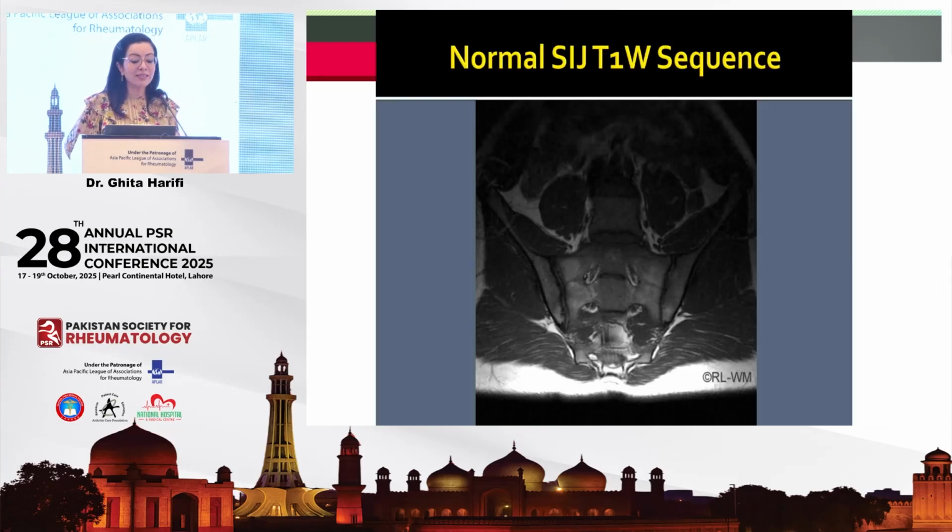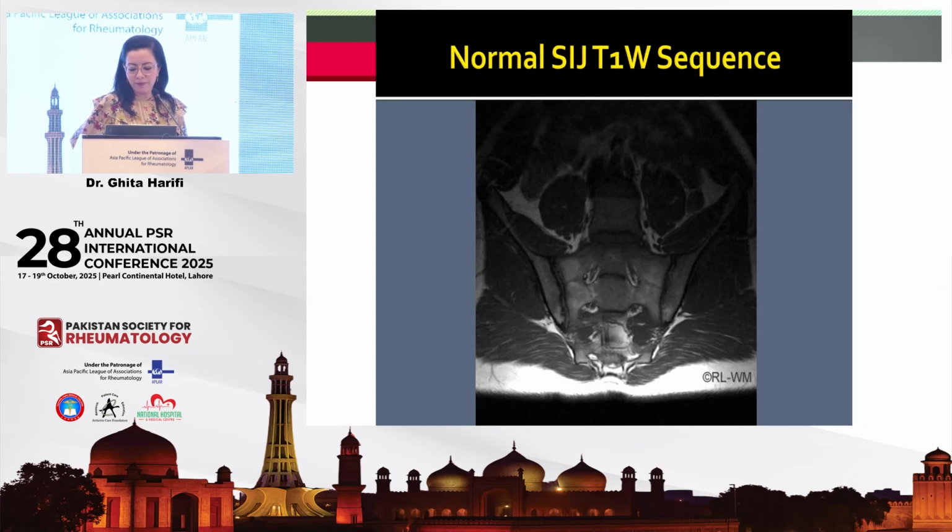Now, how does a normal sacroiliac joints MRI sequence look like? So this is a T1 sequence, again, subcutaneous fat is bright, and spinal fluid is not seen here, so vessels are dark. T1 are the best sequences to look at anatomy and structural changes.